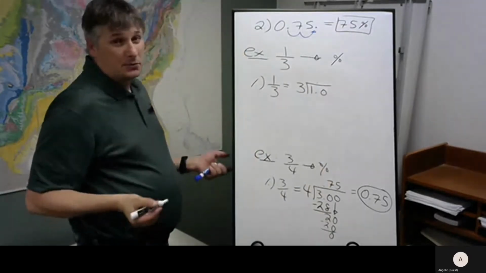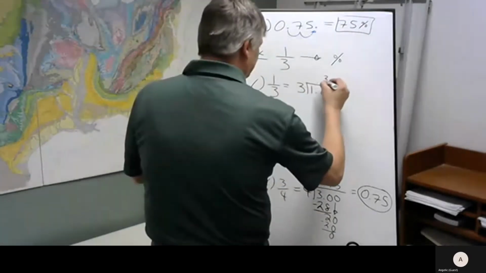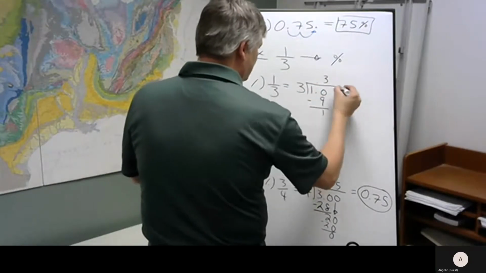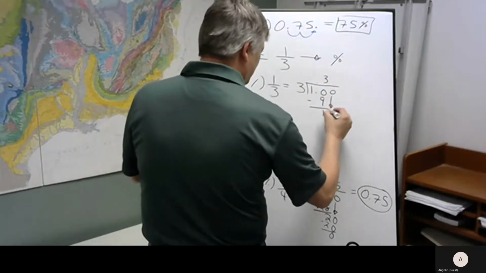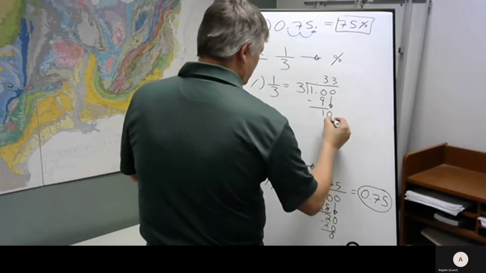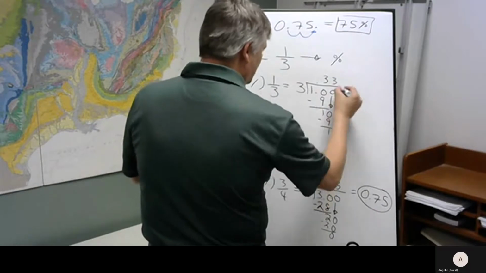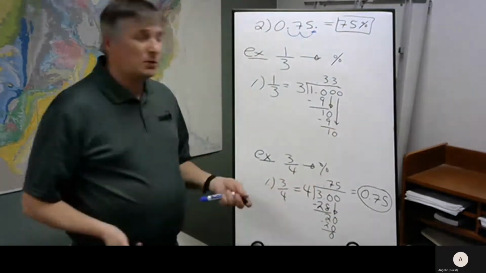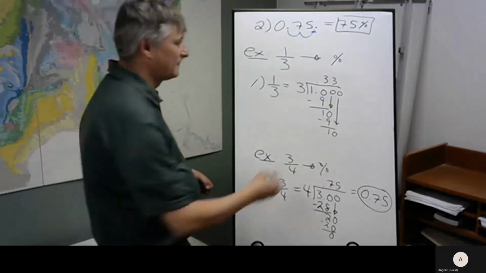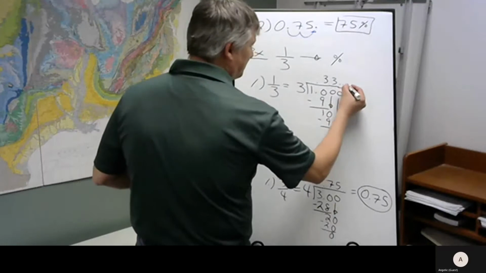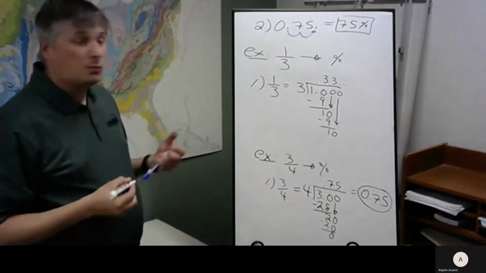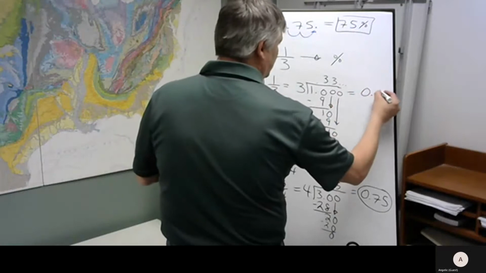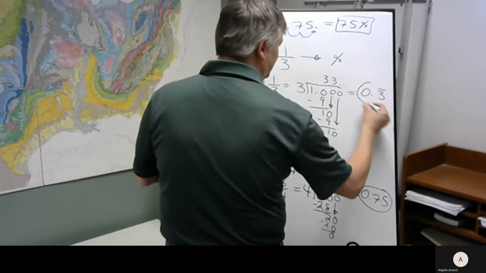So 3 goes into 10 at most 3 times. 3 is 9, subtract 1. And what we're going to see is that this is going to repeat. We'll keep doing this forever and ever. So we're just going to get 3's. And so what we can say is this is equal to 0.3 repeating.